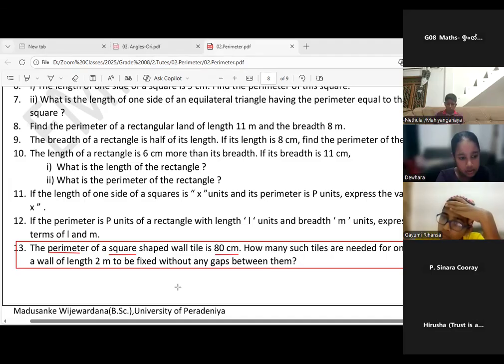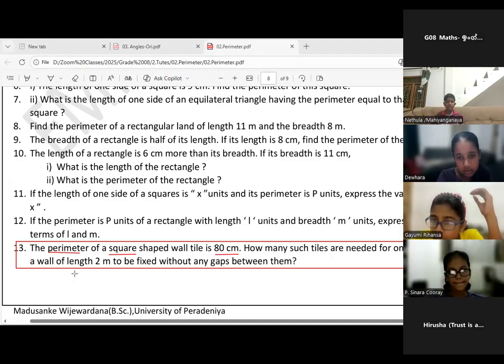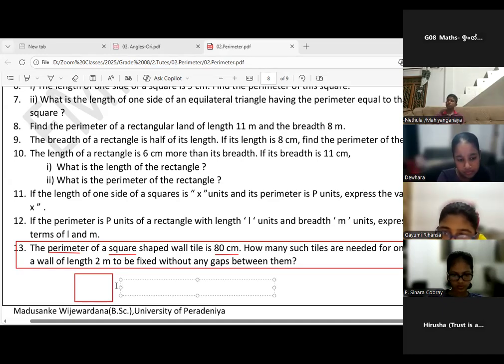So they are telling us there is a square shaped wall tile whose perimeter is 80 centimeters.